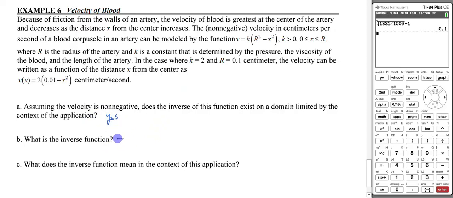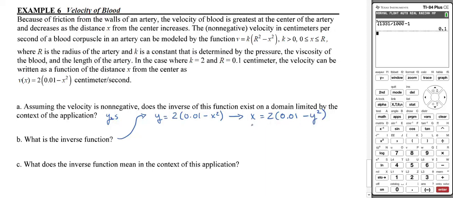Well, let's find that. We'll start it up here. Y equals 2 times 0.01 minus x squared. And we'll switch our x's and y's. So x equals 2 times 0.01 minus y squared. Now our job is to solve for y.